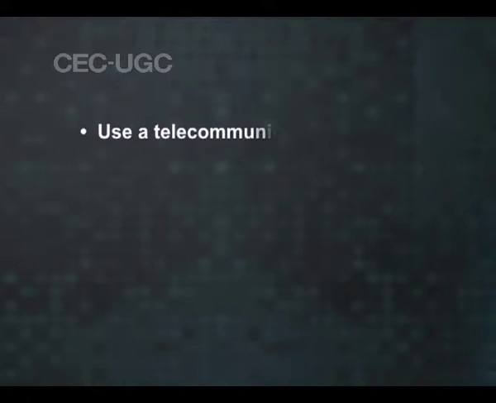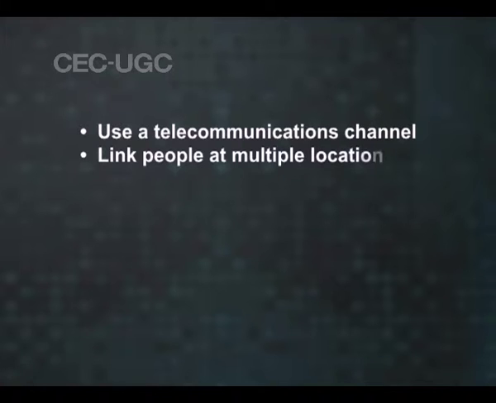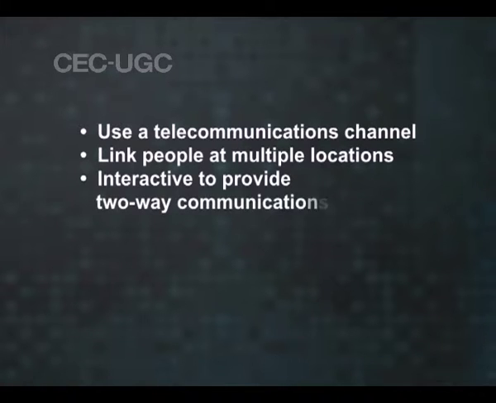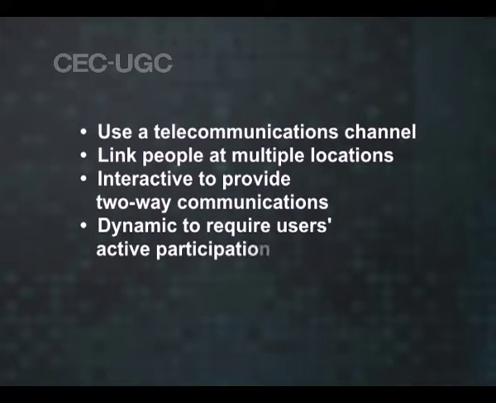The methods used differ in the technology, but common factors contribute to the shared definition of teleconferencing: use a telecommunication channel, link people at multiple locations, interactive to provide two-way communications, and dynamic to require users' active participation.